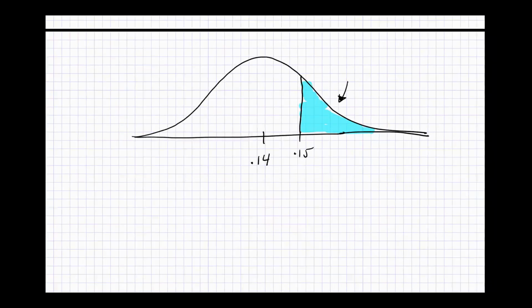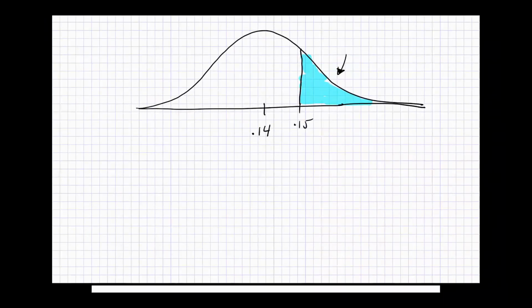Anytime we're doing normal calculations, we always use a z-score. So z-score, 0.15 minus 0.14. Uh-oh, standard deviation. How do we get our standard deviation?